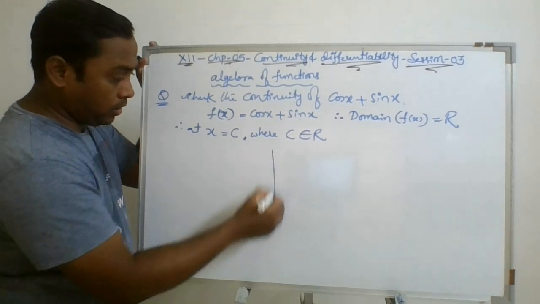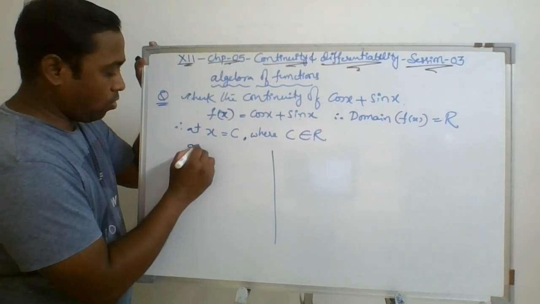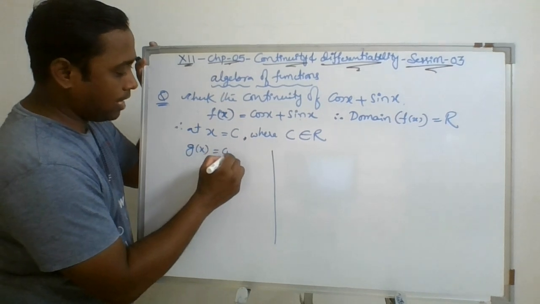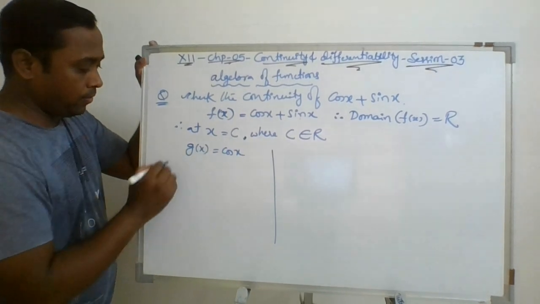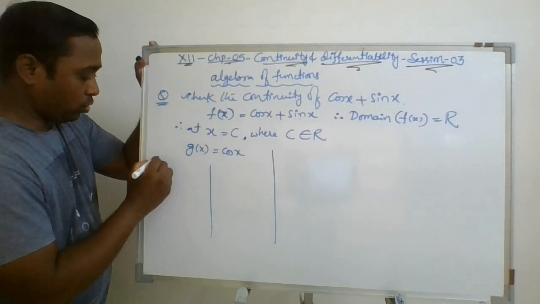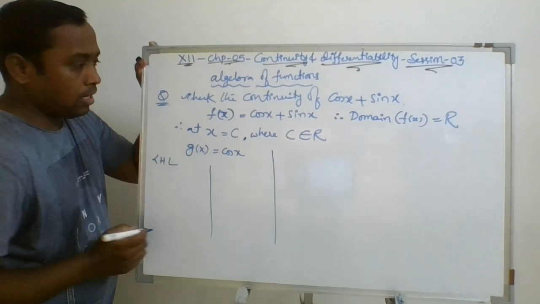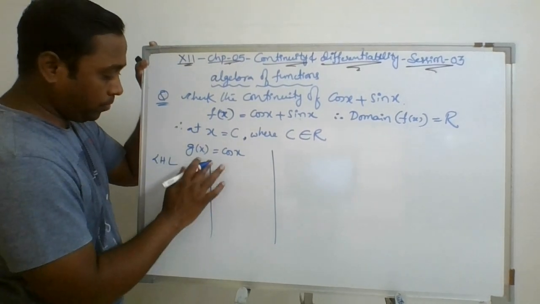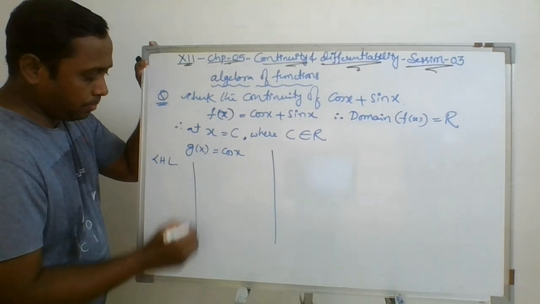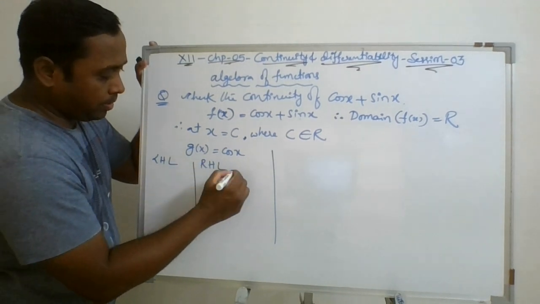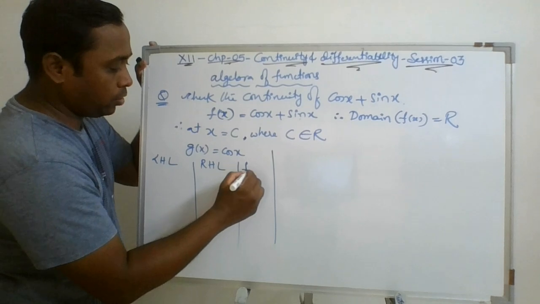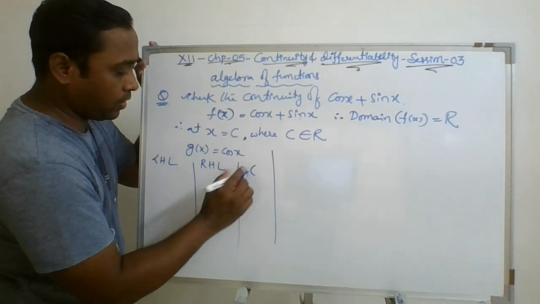So first we'll check for cos x, and we already assumed cos x as g of x. That's why I'm writing this. Now here we are going to check the left hand limit and right hand limit both, and the value of the function at c, that is g of c.